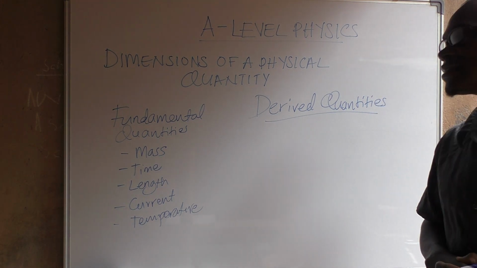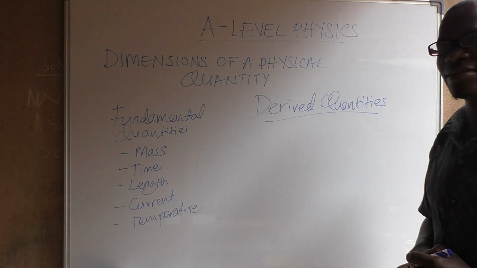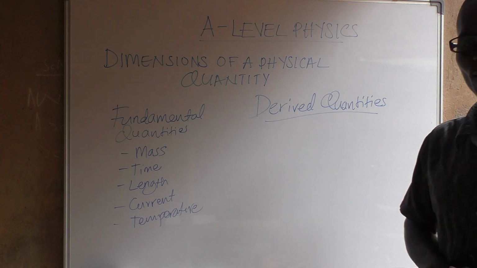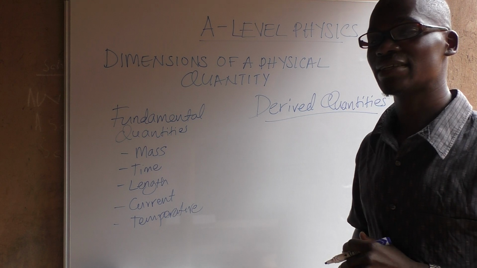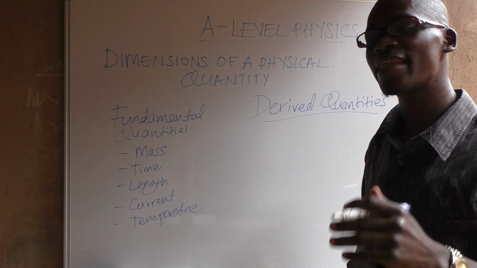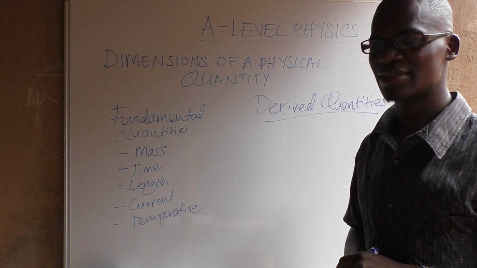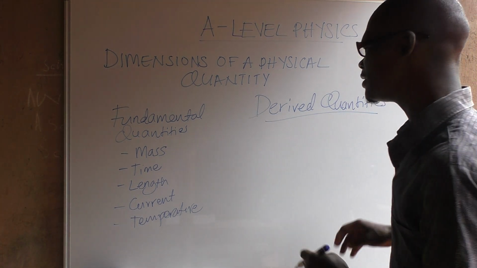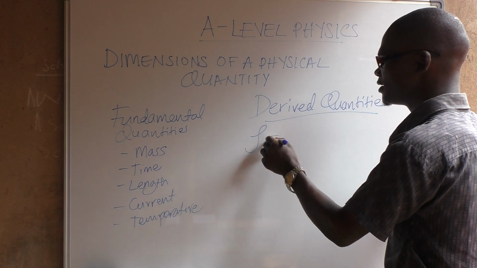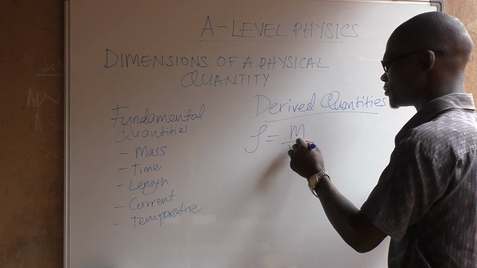Derived quantities are physical quantities that can be expressed in terms of other physical quantities. For instance, density equals mass over volume.